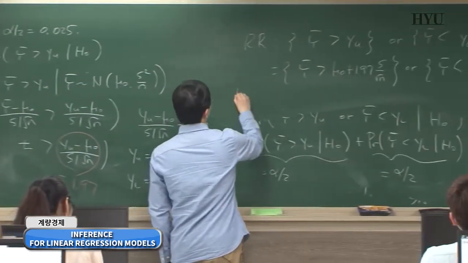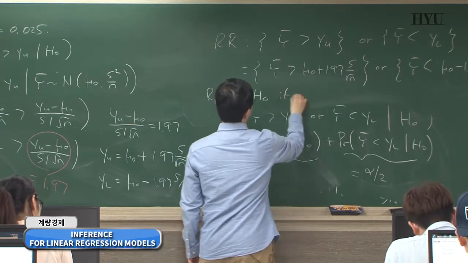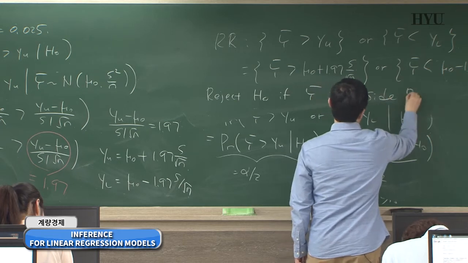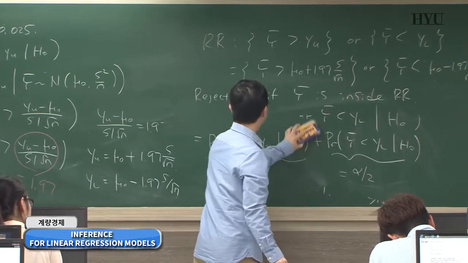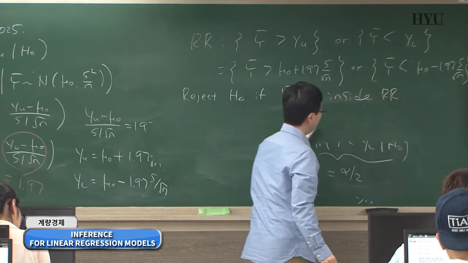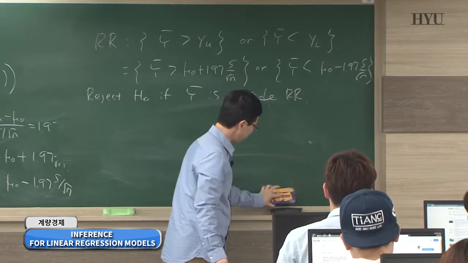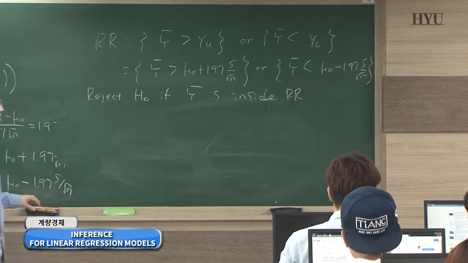So that's how you make a decision. You determine the rejection region first, and then you draw your sample. If your sample mean is inside the region, you reject the null hypothesis.